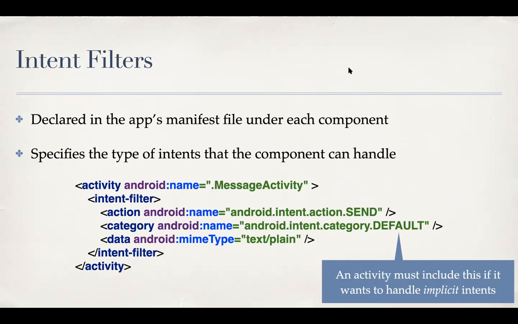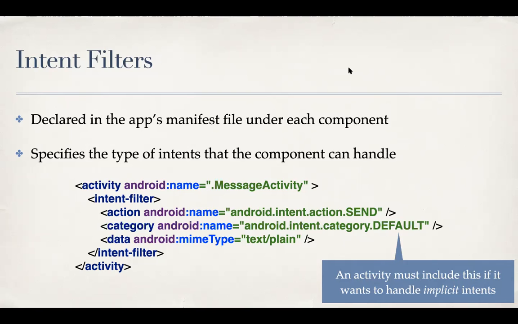But for now, what you can take away from this slide is any activity that wants to be invoked from anywhere else on the device. So if it wants to allow any app on the device to invoke it for some purpose, like sending a text message here, it must include this category default in its intent filters.